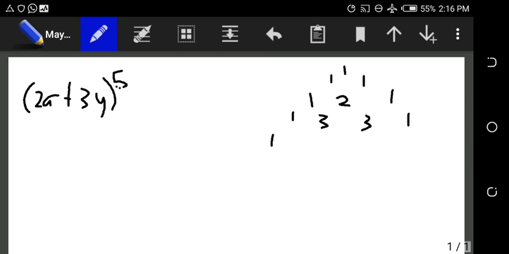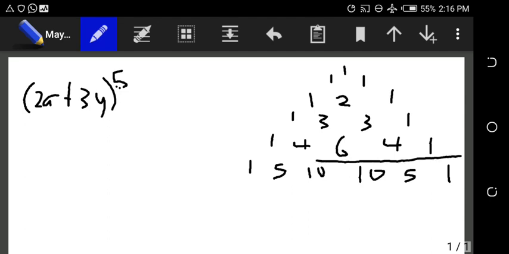Start with your 1 again, 1 plus 3, 4, 3 plus 3, 6, 3 plus 1, 4, your 1, with your 1 again, 1 plus 4, that's 5, 4 plus 6, that's 10, 6 plus 4, that's 10 as well, 4 plus 1, 5, and we have a 1. Therefore, we need to use this for our expansion. Okay, so we need the coefficients 1, 5, 10, 10, 5, and 1.